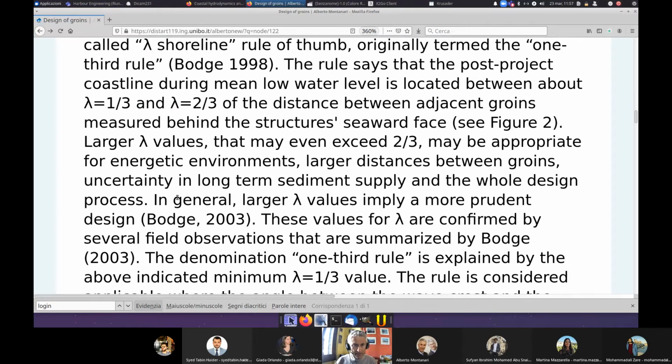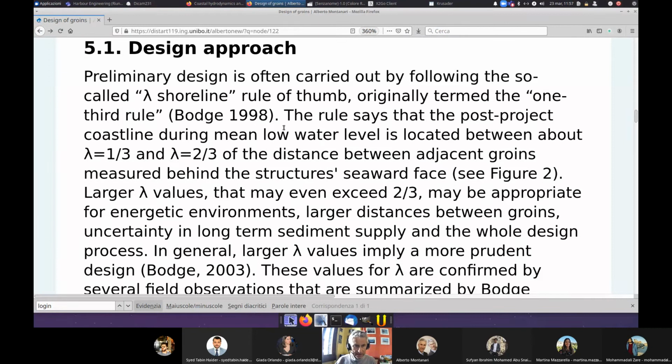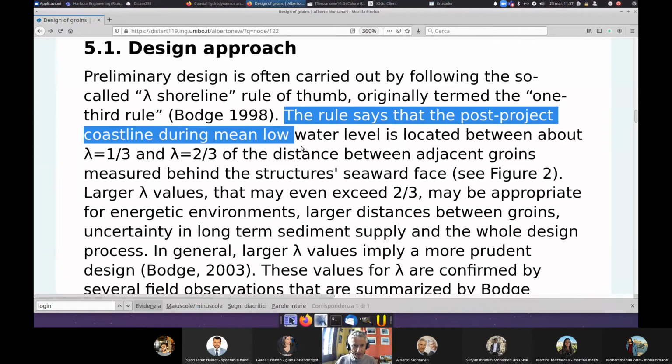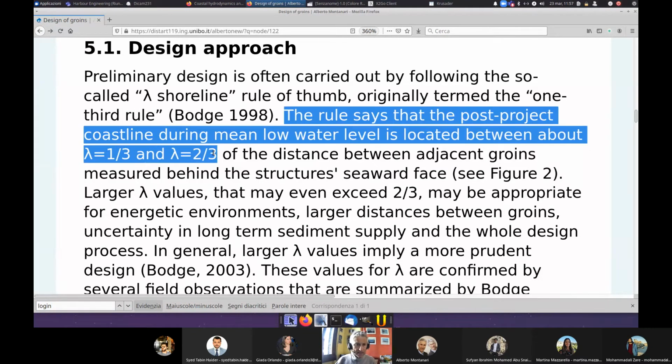So, let's now read again. The rule says that the post-project lambda may be varying between 1/3 and 2/3. Just keep in mind this uncertainty. It's relevant, but again, it gives you a very useful indication.